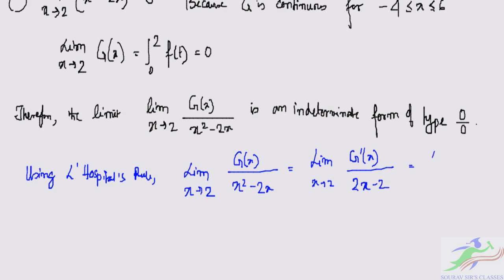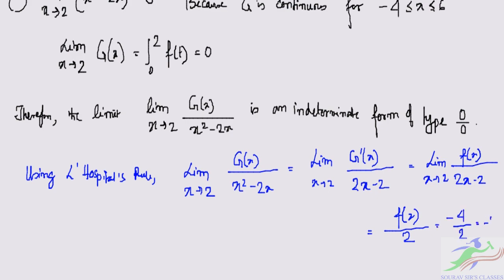So g prime of x is f of x, so this is f(x) over 2x minus 2. If we substitute x equals 2, we get f of 2 by 2. So f of 2 is minus 4 by 2, which is simply minus 2. So that is the value of the limit.